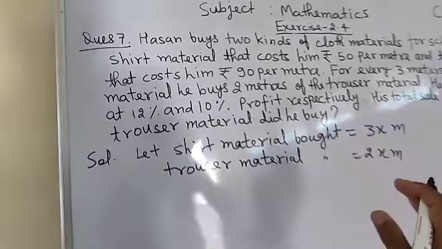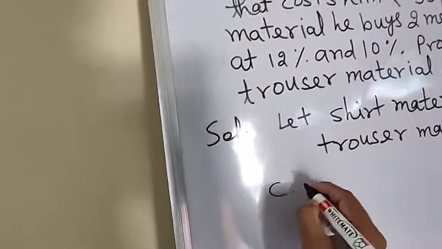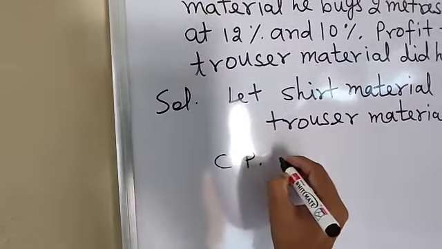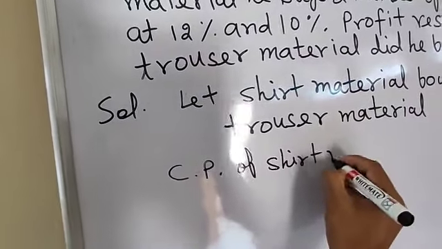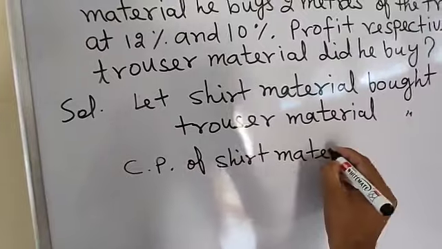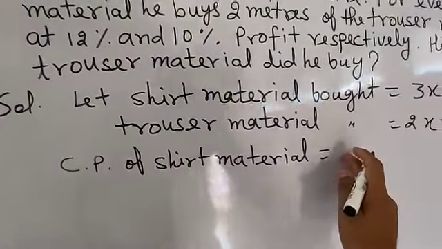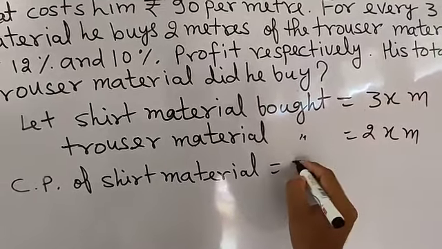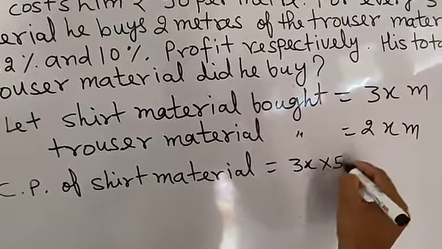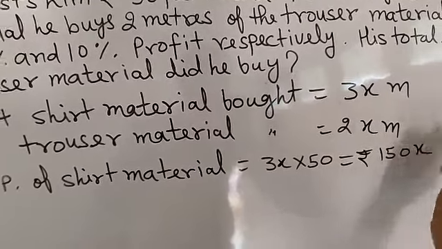Now the per meter cost is given for the shirt and trouser, so the cost price, CP, of shirt material: for 1 meter it is 50 rupees, and he bought 3x meters, so 3x into 50 equals rupees 150x.